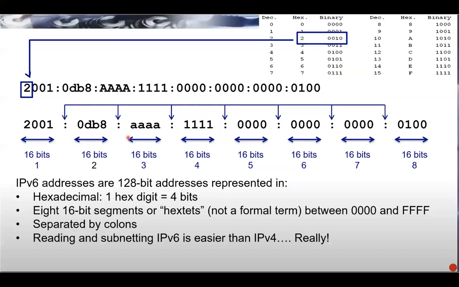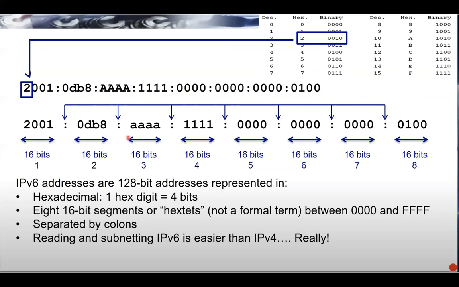Before I introduce how we can make them compatible, here is a quick notation for IPv6. The IPv6 addresses are 128-bit addresses represented in hex digits.